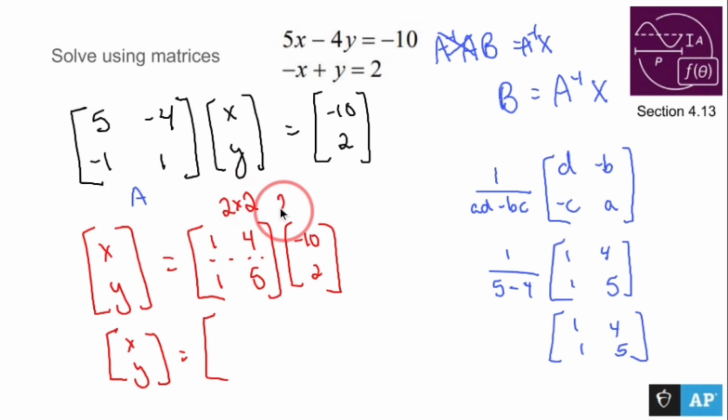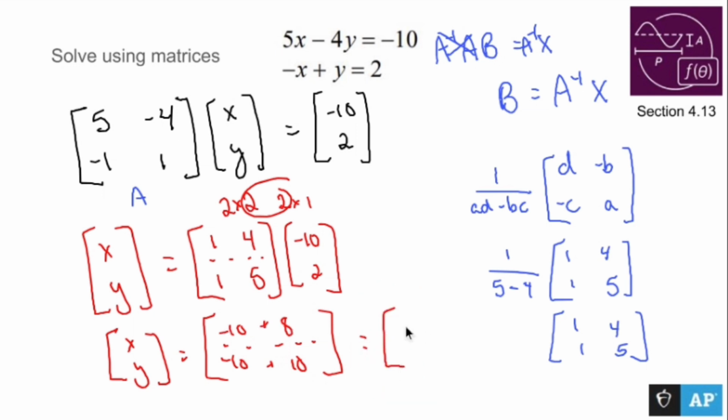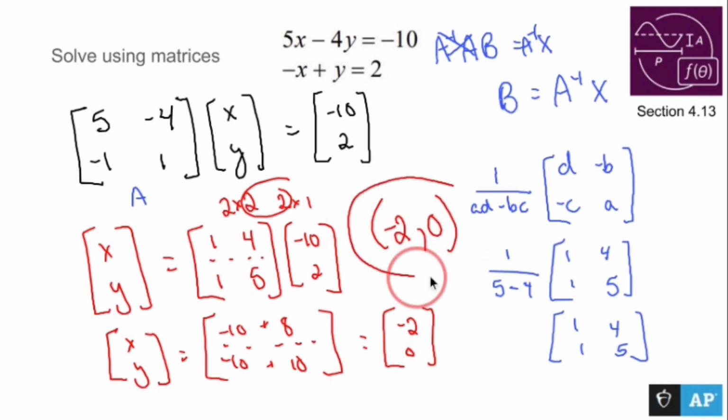We're multiplying that to a 2 by 1, so we'll get a 2 by 1 when we're done. So 1 times negative 10 plus 4 times 2, 1 times negative 10 plus 5 times 2 is going to end up giving us negative 2, 0. So x equals negative 2, y equals 0. And that's how you can solve a system of equations using matrices. Isn't that neat?